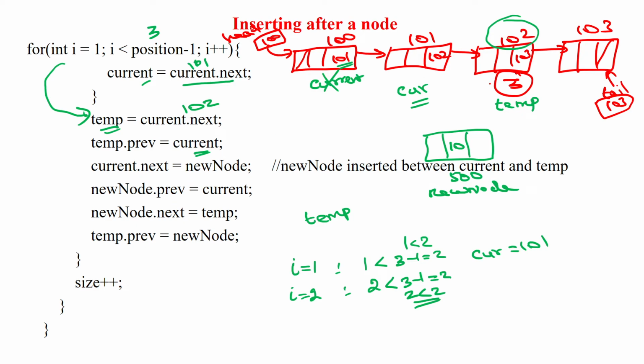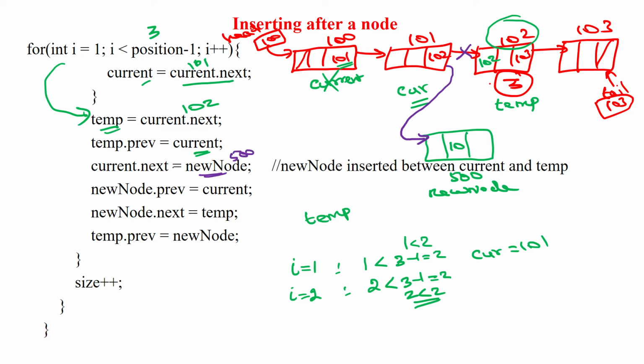The temporary dot previous already has the link. Then what is the current dot next? We have to update current dot next. Actually this link has to be broken and we have to make the link to the new node. So the new node has to be inserted at position number 3. So now current dot next is assigned with the new node.